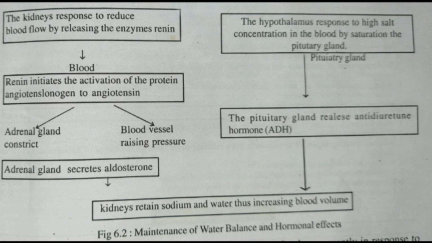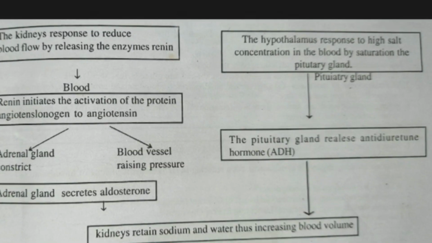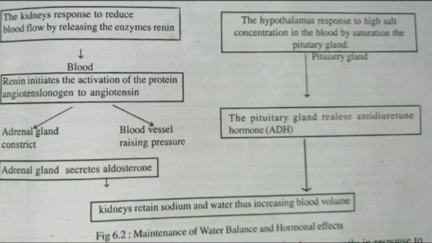In the upper left part, the kidneys respond to reduced blood flow by releasing the enzyme called renin, which I told you is a very important factor. Now it goes into the blood, and the renin initiates the activation of the protein angiotensinogen to angiotensin.